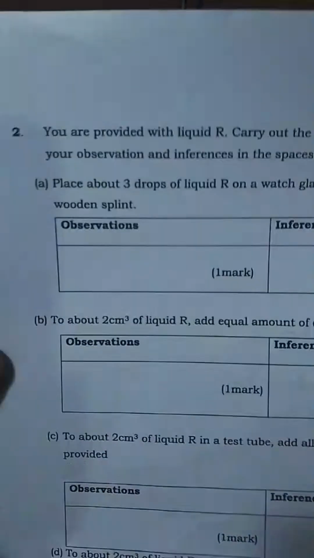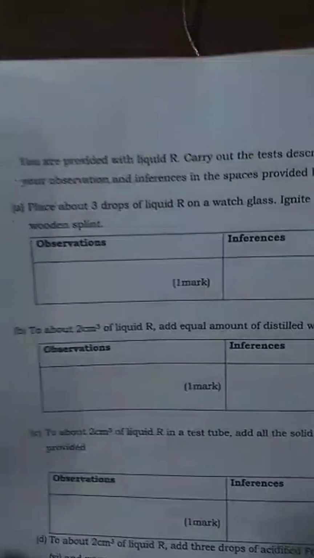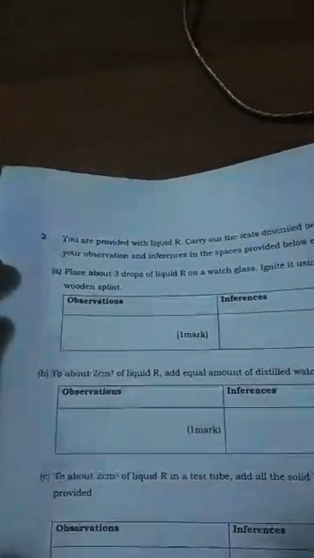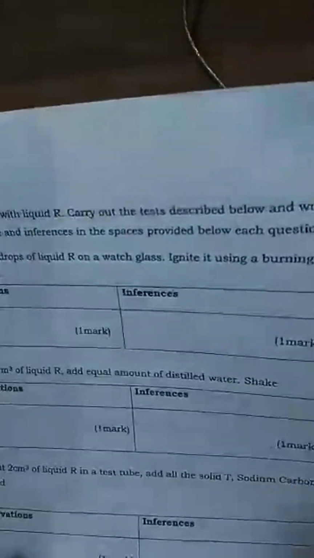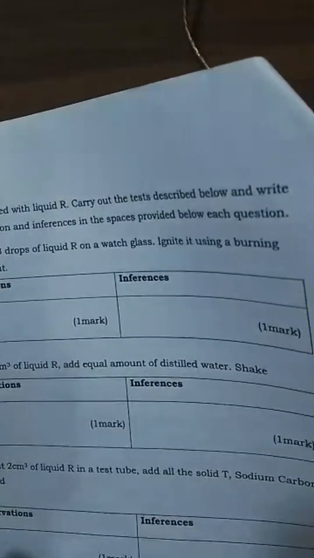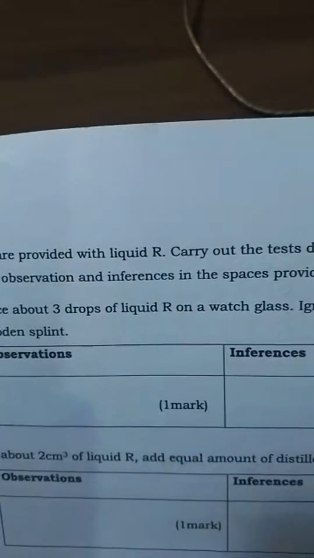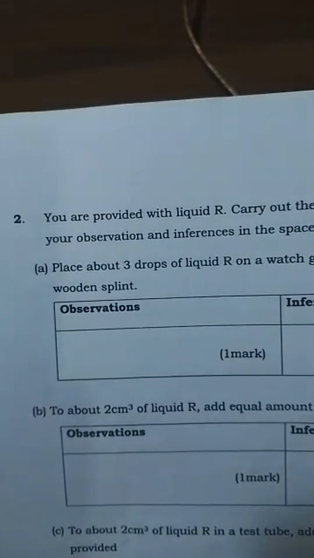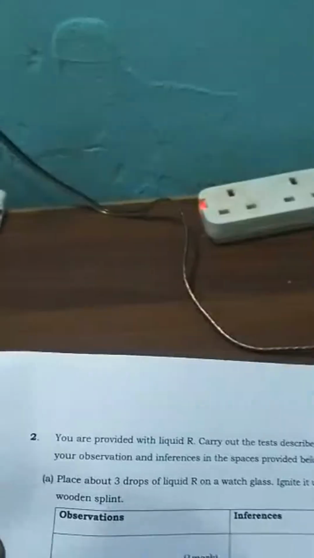We have this question here. You are provided with liquid R, carry out the tests described below and write the observations and inferences in the spaces provided. From there, we have question 3 on the same paper.